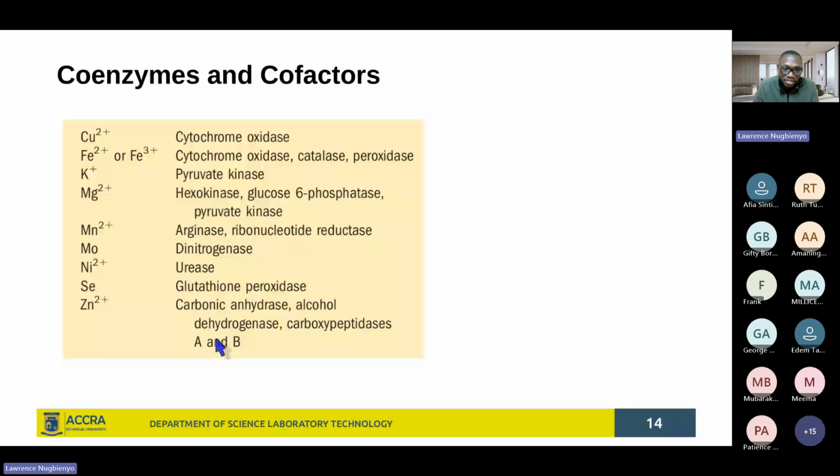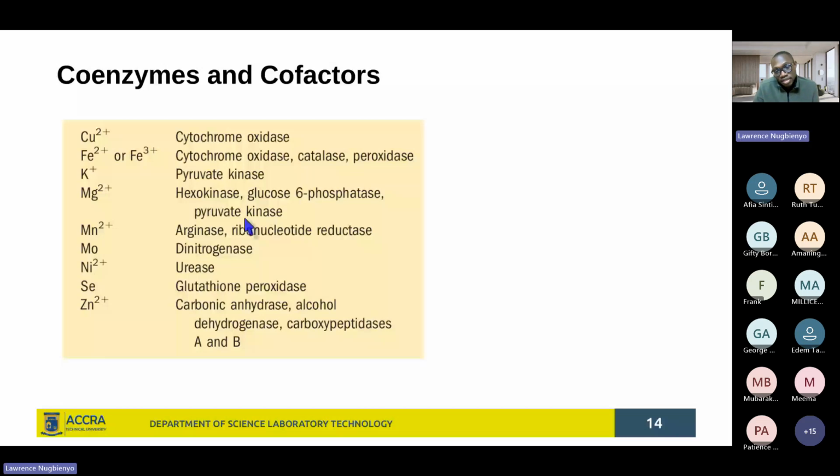You have carboxypeptidase A and B, so these are different forms of carboxypeptidases. But our focus is on these ions. You have these ions that are acting as cofactors to some enzymes.